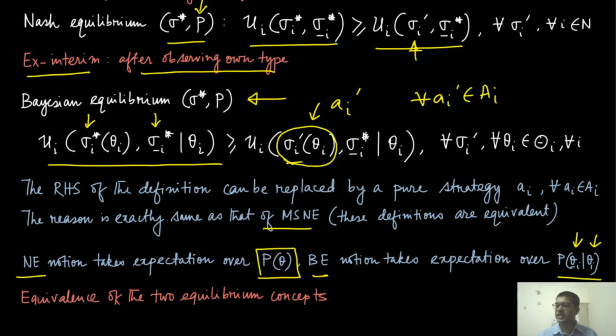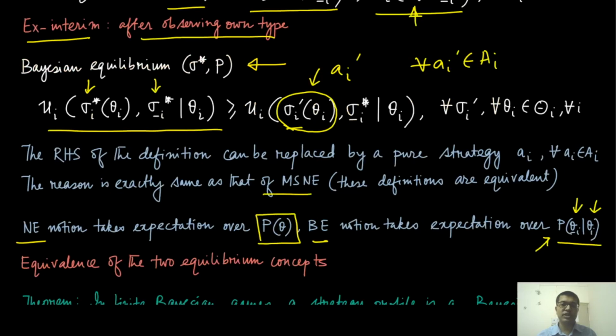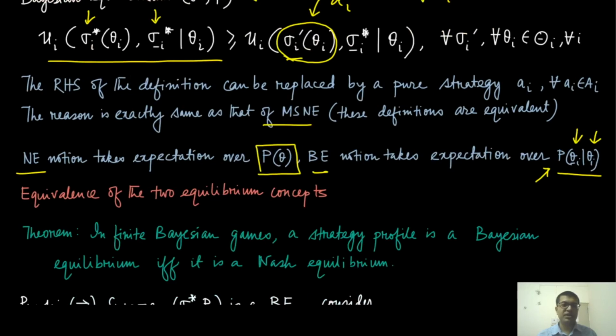Now, even though it should give some more information, and the notion of Bayesian equilibrium must be something stronger than the Nash equilibrium, the following theorem says that in finite Bayesian games, a strategy profile is a Bayesian equilibrium if and only if it is a Nash equilibrium.